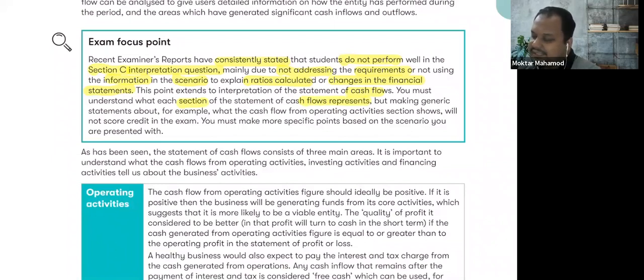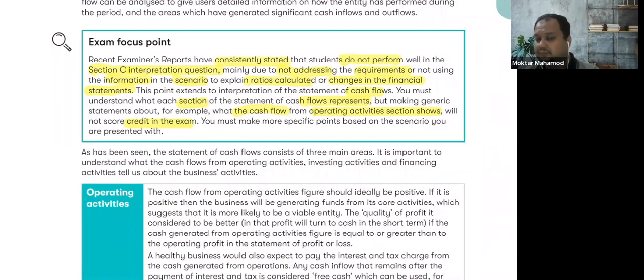But making generic statement about, for example, what the cash flow from operating activity in the section shows will not score credit in the exam. Meaning that this is from the examiner. So you are not addressing. So I cakap the respond, what will be the requirement and what will be the content from the case scenario.